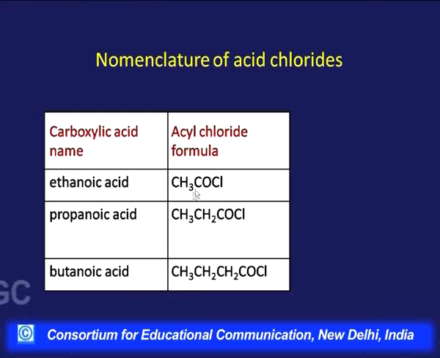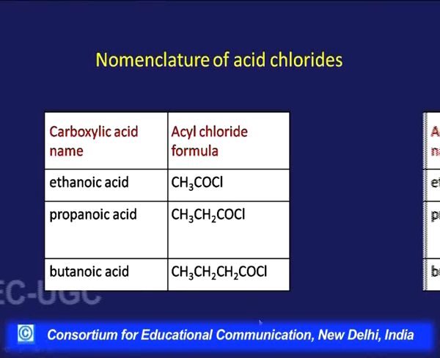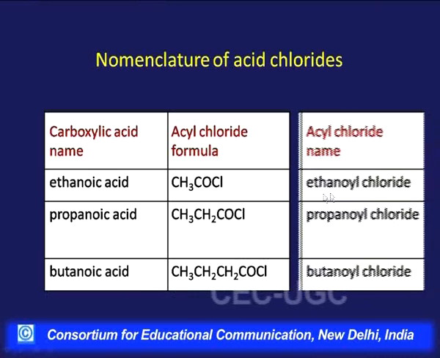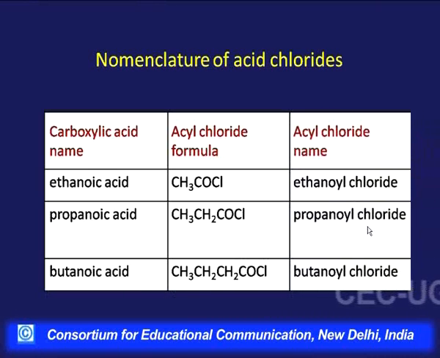Now, they will be named as follows: ethanoic is replaced by yl, so the name becomes ethanoyl chloride. This will be propanoyl chloride, and this will be butanoyl chloride. So, the names for these three acid chlorides are respectively ethanoyl chloride, propanoyl chloride and butanoyl chloride.